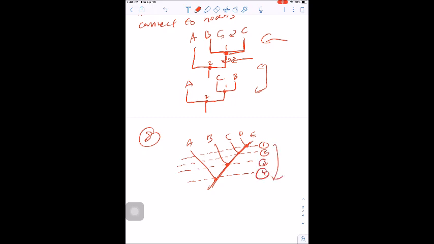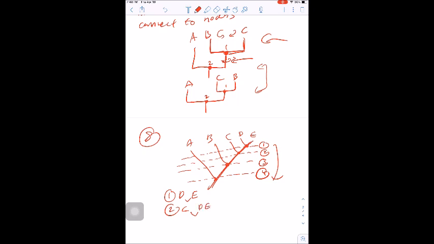So for level 1, D and E are branched off the same node. For level 2, C is branched off of a node with D and E.